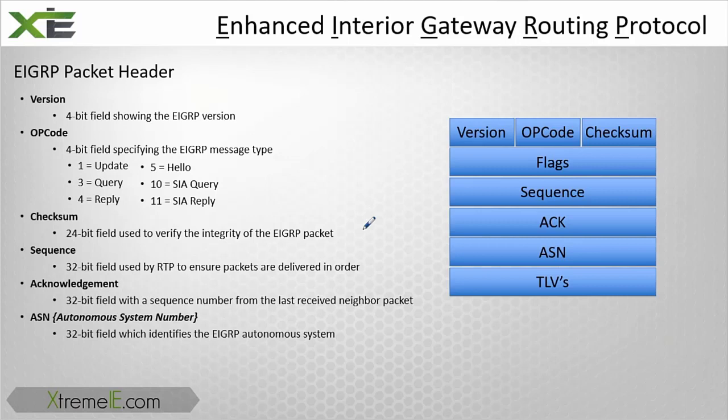So the version number is generally going to define what version of EIGRP we're running. Now, in the old days, in like version, I think it was like 11 code, this was version 0, and then we went into version 1, and I think currently we might be running version 2. I think all the versions of code that I have, which are 15.2, 15.6-ish, I think, these guys are going to be running version 2 of EIGRP.